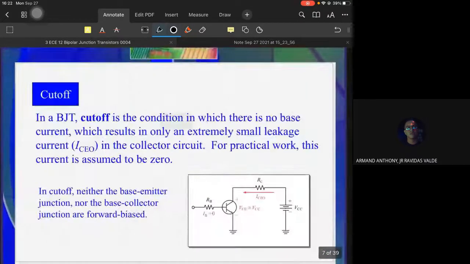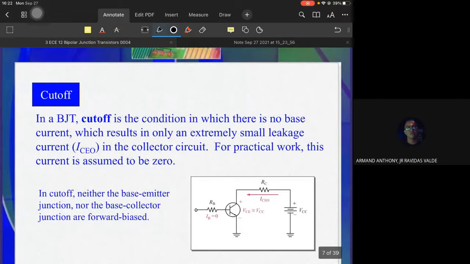Whereas in the cutoff region, there is no base current. So, IB is equal to 0. And because IC is beta IB, and IB is 0, it follows that IC is also 0.